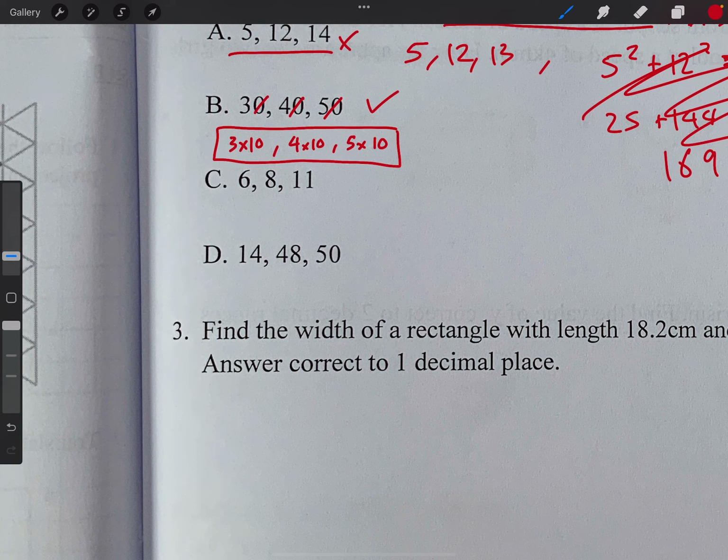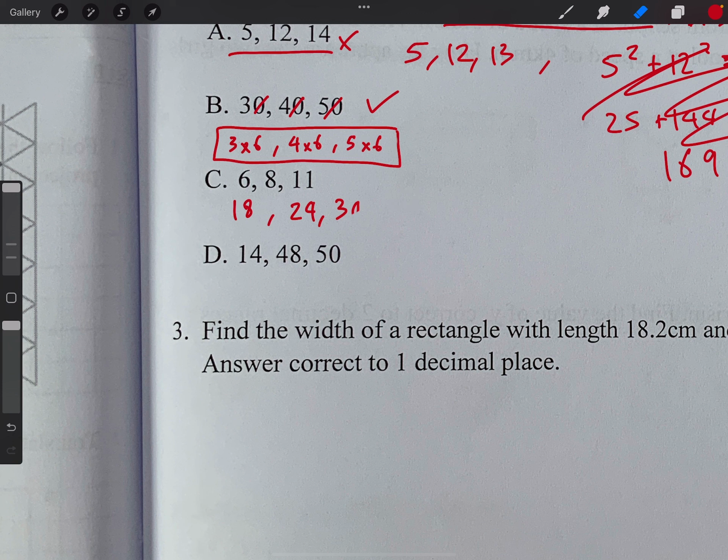It doesn't matter if I multiply by 10 or even if I multiply by 6, and I get something like 18, 24, and 30, this is still a Pythagorean triad or triple.